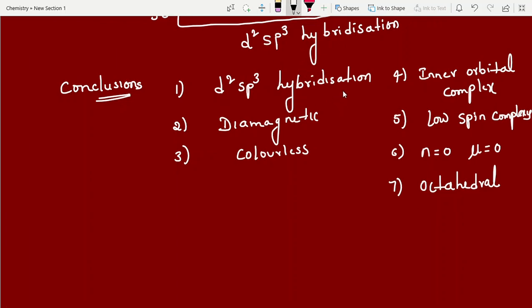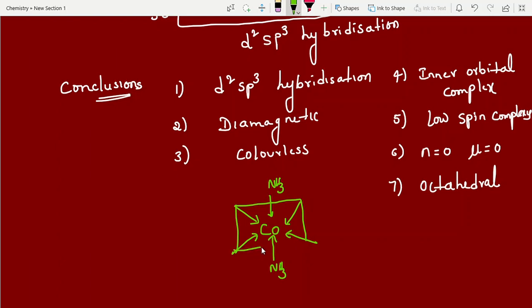Cobalt. Donating electrons, we can write like this, dative bond. In the starting introduction part also I had explained the dative bond. NH3. This is NH3. First we have to draw square planar.